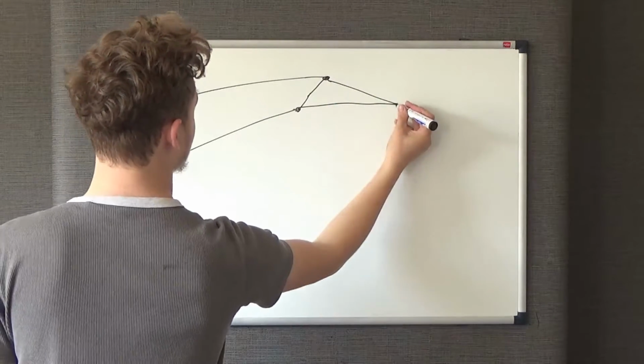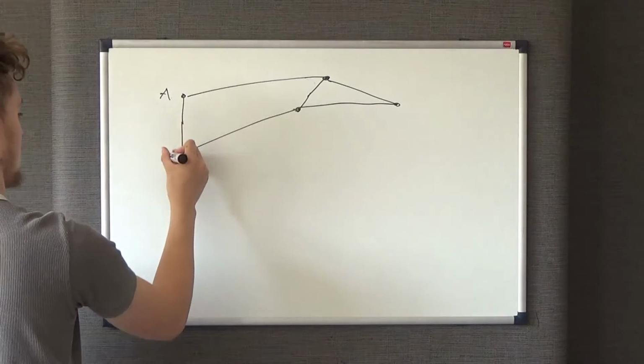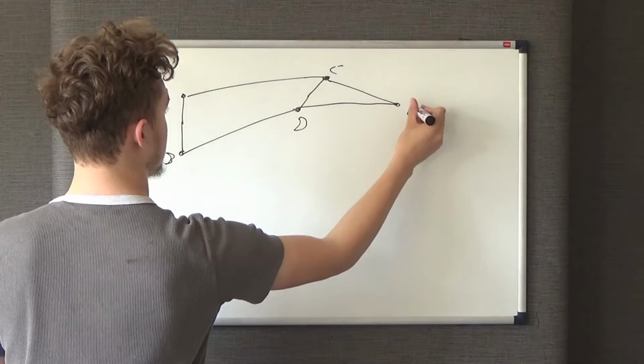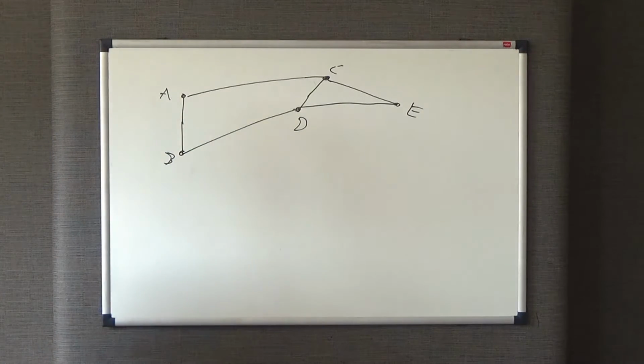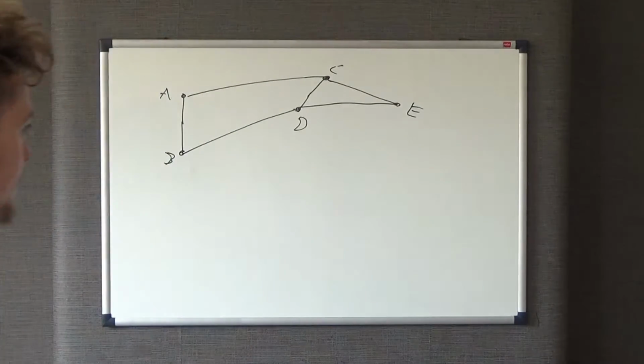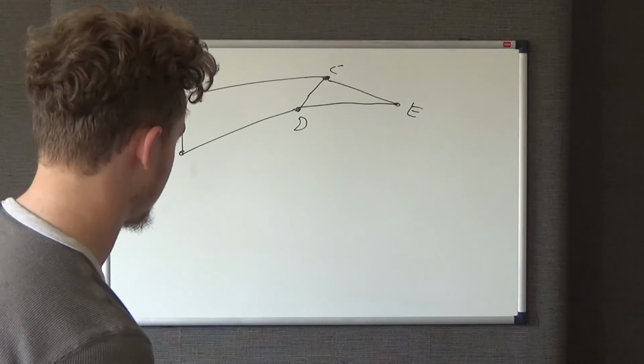Let's call this vertex A, B, C, D, and E. Now I'm not going to complete it any more than that because I'm not really wanting to do any questions that involve that, okay?